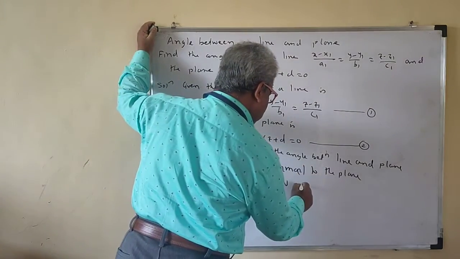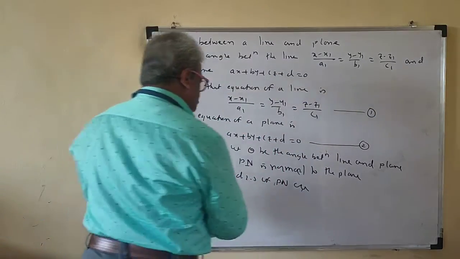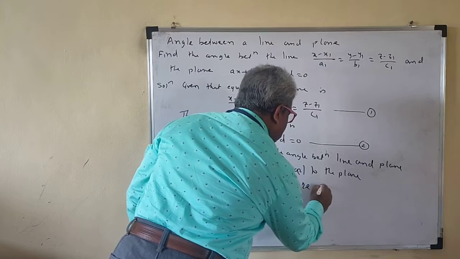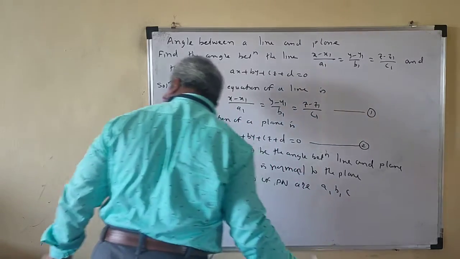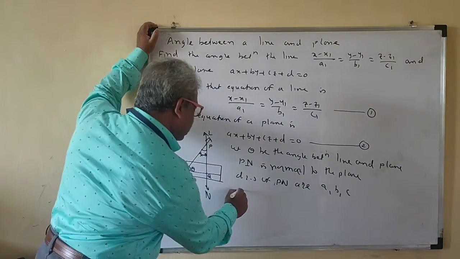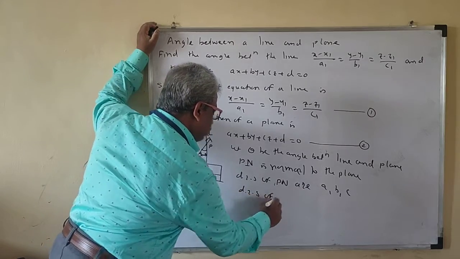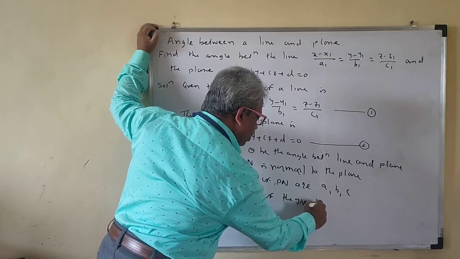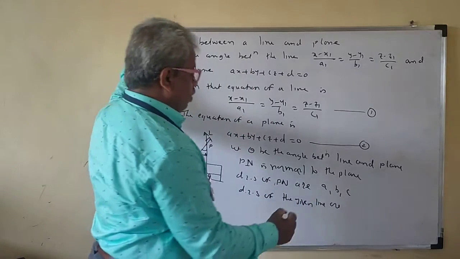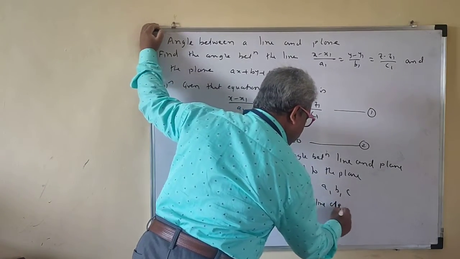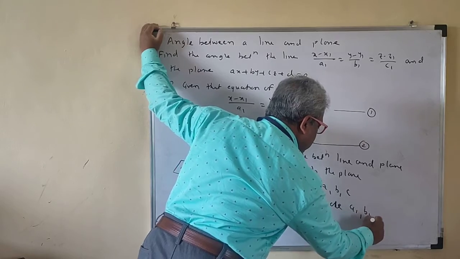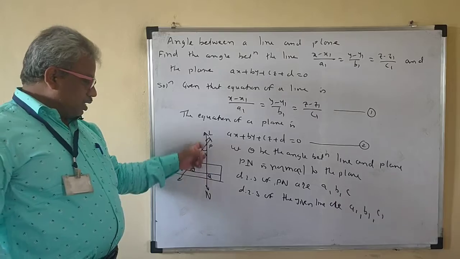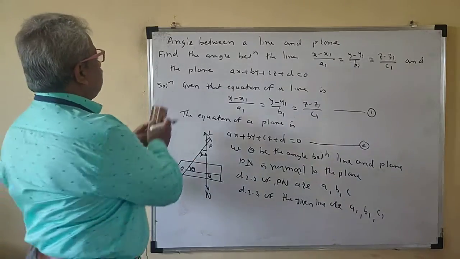So the DRs of PN are a, b, c, and the DRs of the given line are a1, b1, c1. Okay, so now we have the DRs of both.